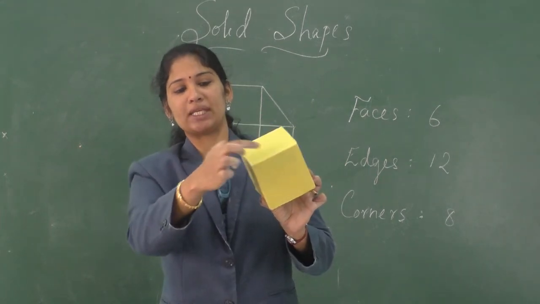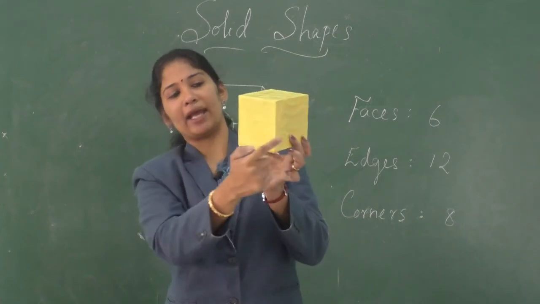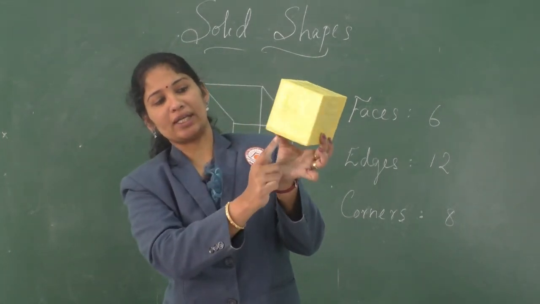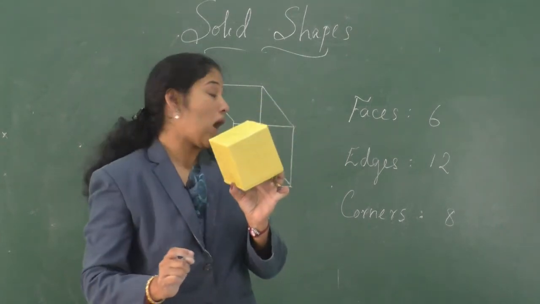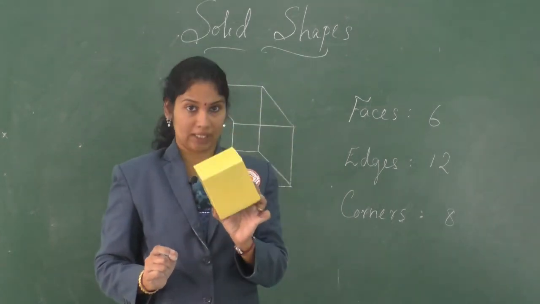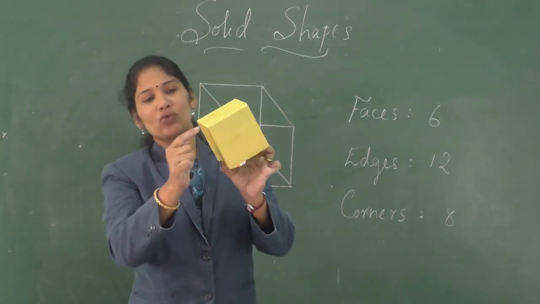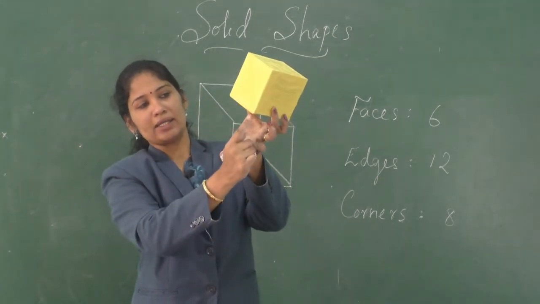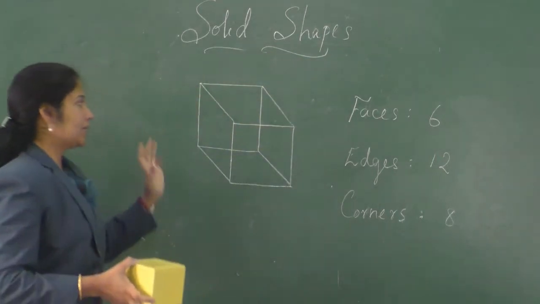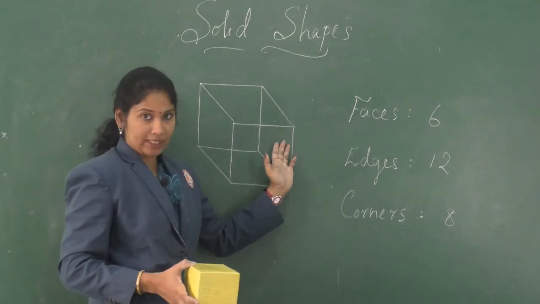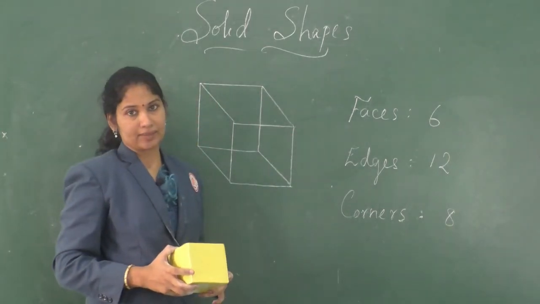How many corners are there? 1, 2, 3, 4, 5, 6, 7, 8 corners. I'll repeat. Cube has 6 faces and 12 edges and 8 corners.